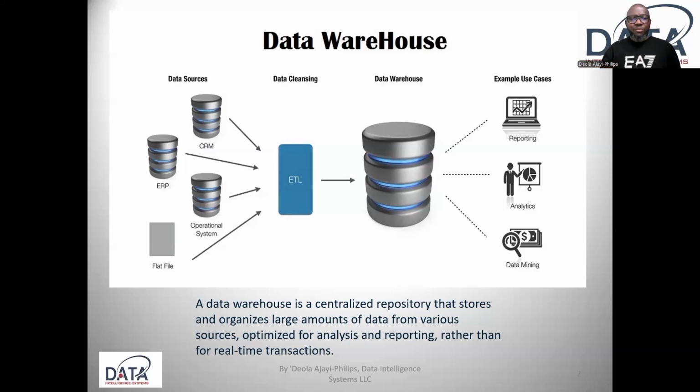ETL stands for extract, transform, and load. The extraction is getting all this data from the data sources. Transforming is transforming this data. Take, for example, you decide to go to Costco to buy something, and the next day you decide to return it.